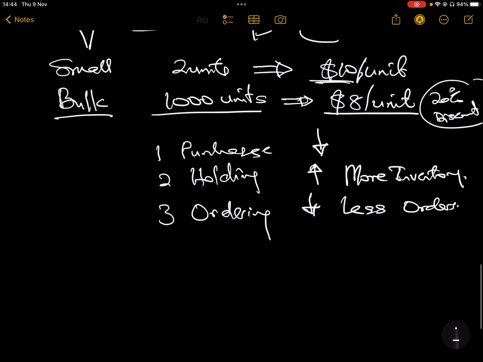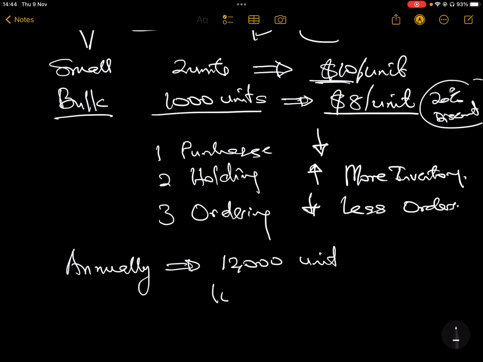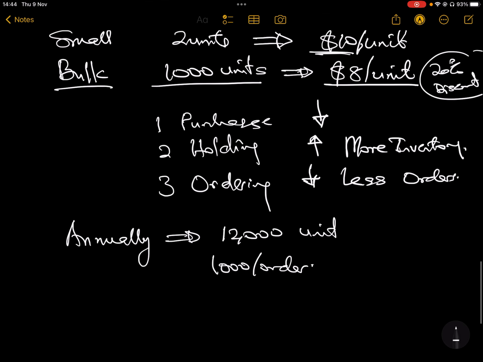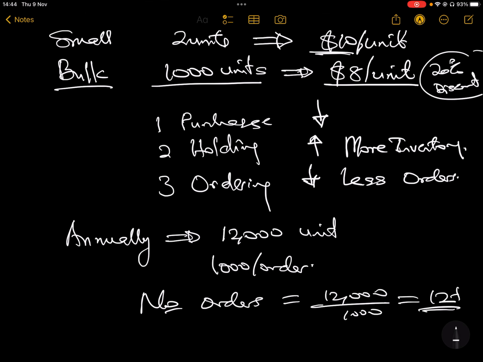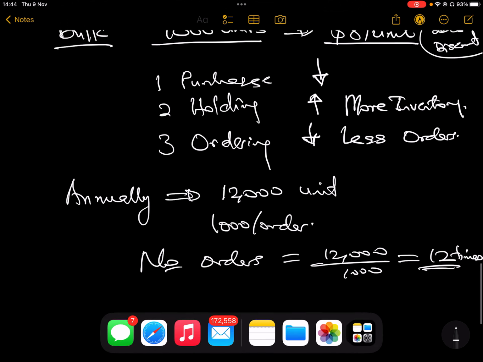Because think about it, if annually you only need 12,000 units and currently you place 1,000 per order, it means that the number of orders in a year will be 12,000 divided by 1,000. So you go to market 12 times. So that's your number of orders.